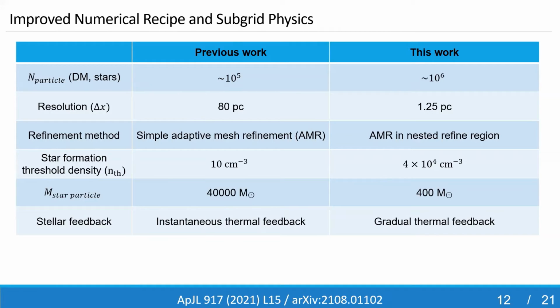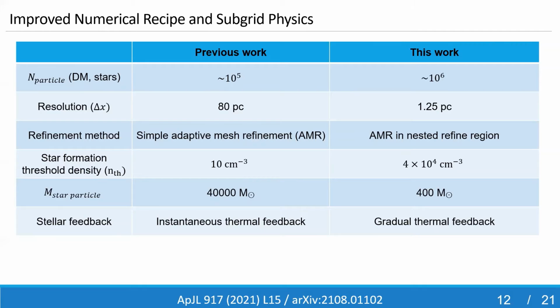And so a new initial condition was created with a larger number of dark matter and star particles. You can see that we increased the level of adaptive mesh refinement, AMR, and could achieve 64 times better resolution. However, we applied AMR only for the region of interest to reduce computational load.